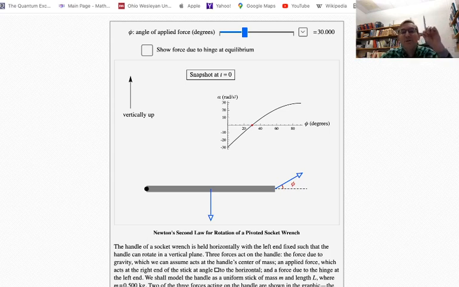And you see two forces acting on the handle. The one in the middle that points straight down is F grav, the gravitational force on the handle, assumed to act at its center of mass, which is right in its center. And then the other force is our applied force, F, we'll just call it, at angle phi.